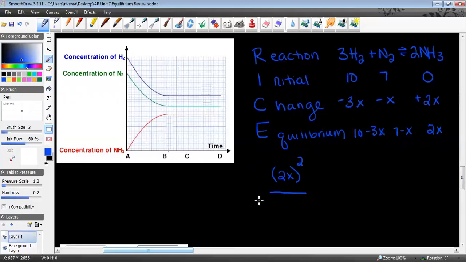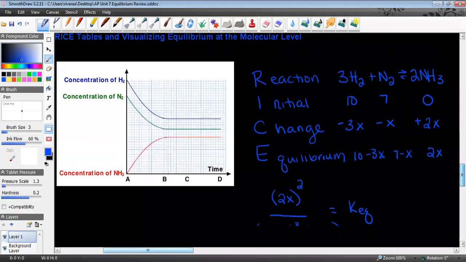Over your 10 minus 3X, and then you'd have to cube it, times your 7 minus X, is equal to whatever your KEQ, KC, or KP expression was. That's the thought process. I promise you'll never have something that gross. But that's how we would do it.